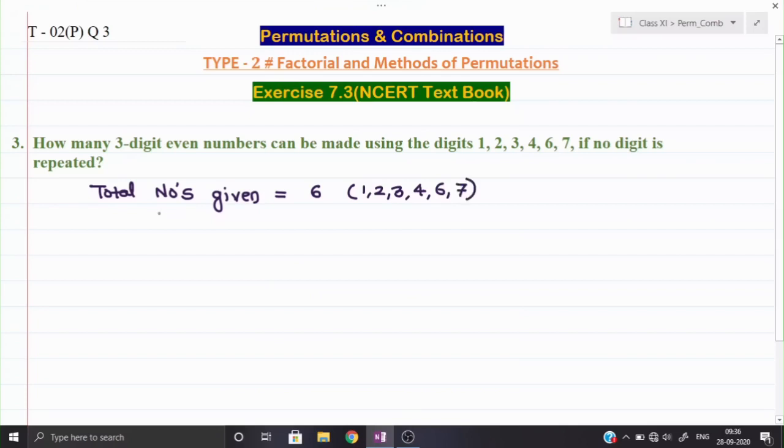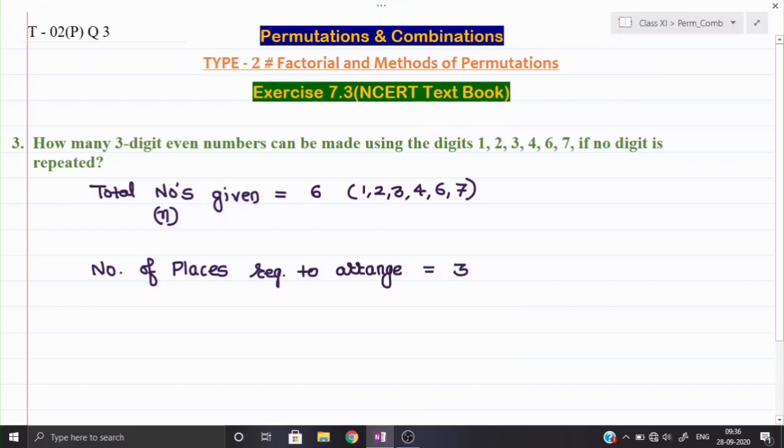This will be the value of n, the total value. Okay, the number of places required to arrange, that will be here 3.